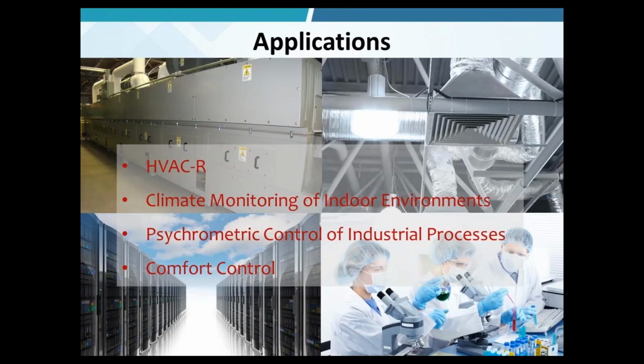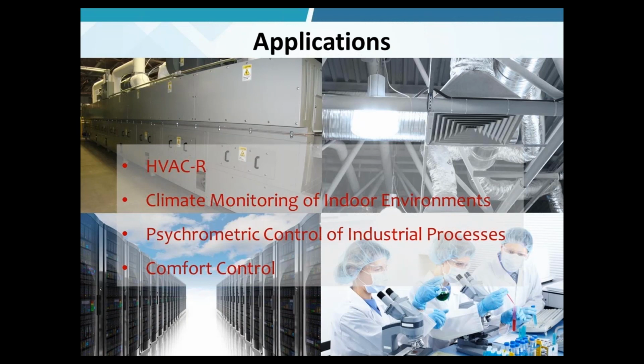Okay, and what about application examples for an RHT climate? It can be used in HVAC-R applications, which is heating, ventilation, air conditioning, and refrigeration systems. There are many possible use cases applied to the device.